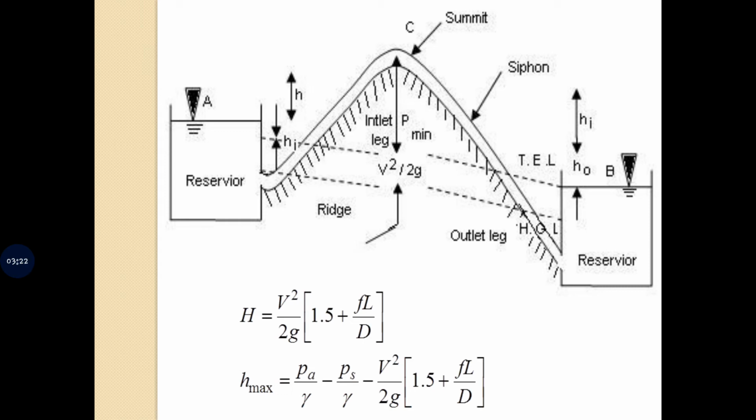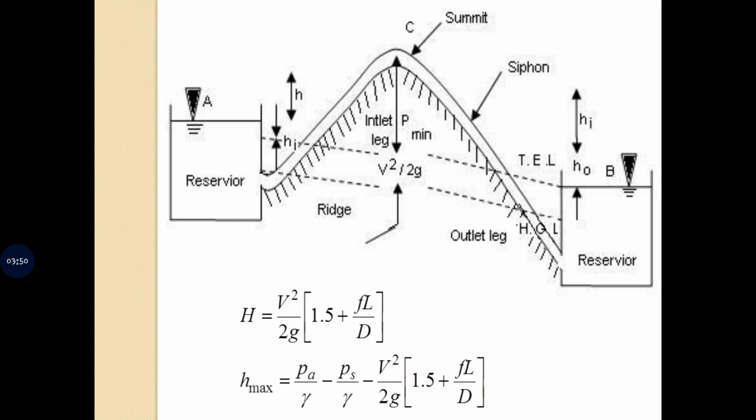If we write the equation as studied previously, the head loss is equal to V square by 2g into (1 plus 1.5 plus fL divided by D), where V is the velocity in the pipe, L is the length of the pipe, D is the diameter of the pipe, and f is the friction factor of the pipe.